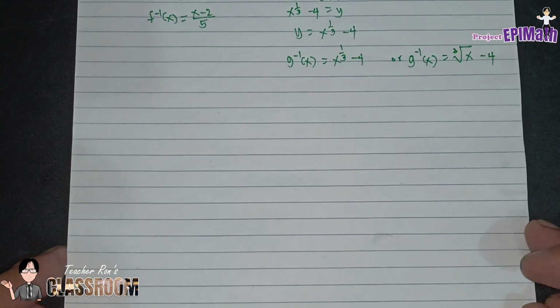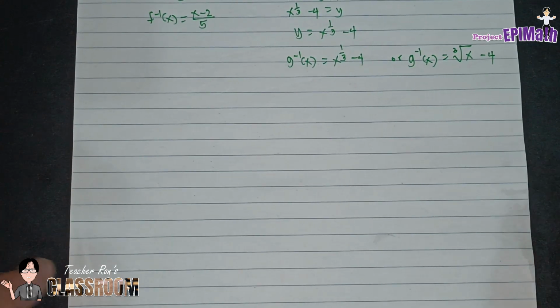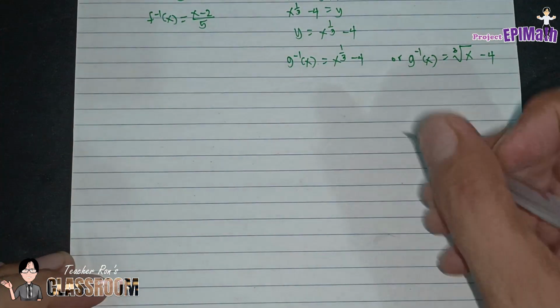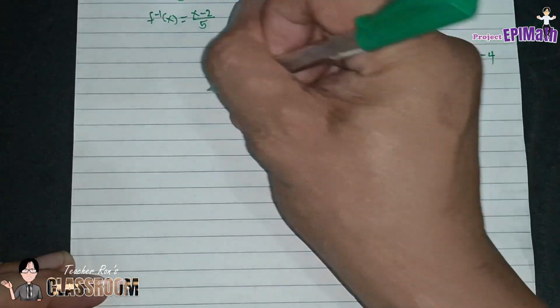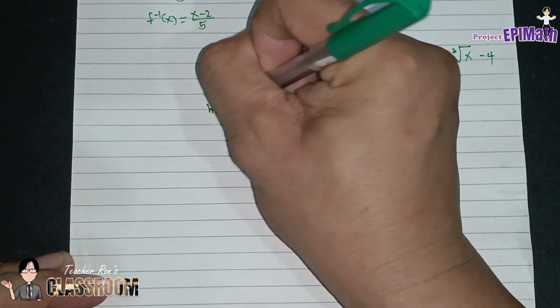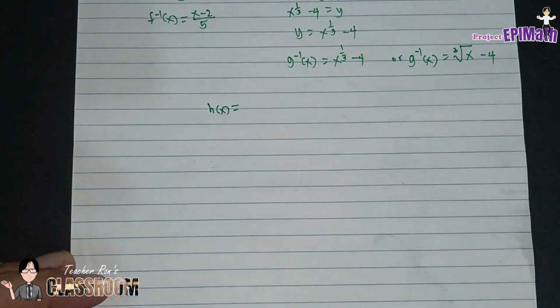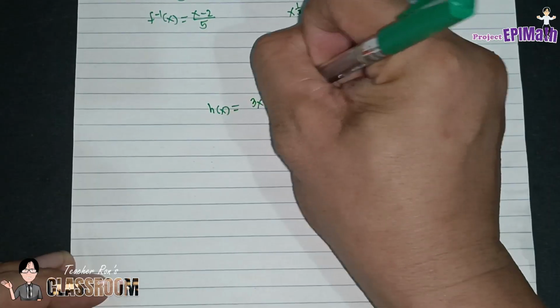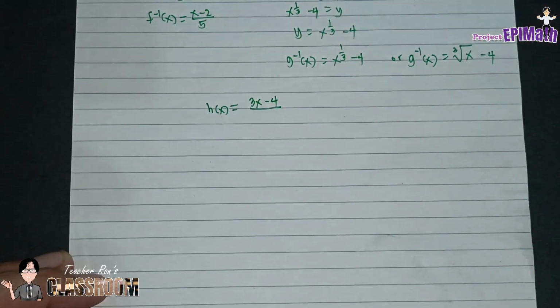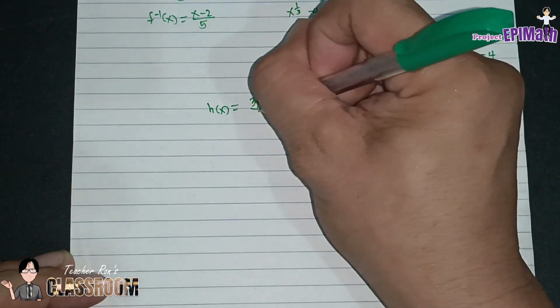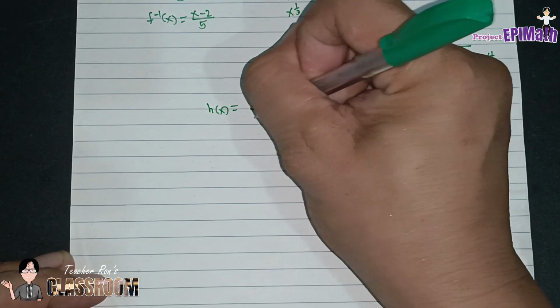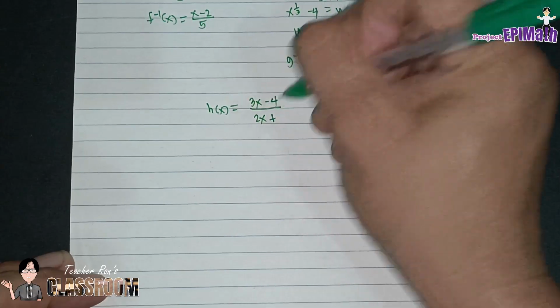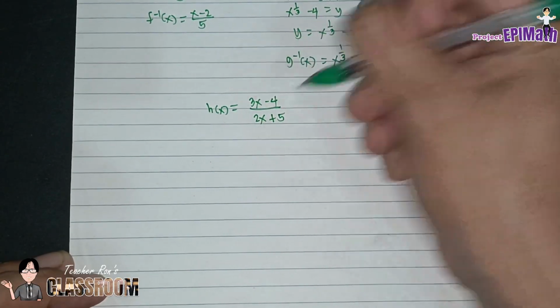Next, example number 3. Let's just say we have h of x equals 3x minus 4 over 2x plus 5.